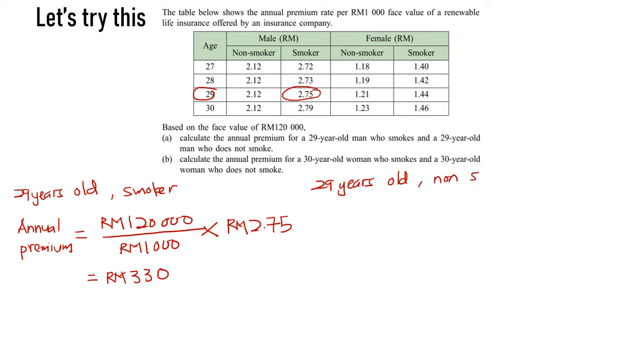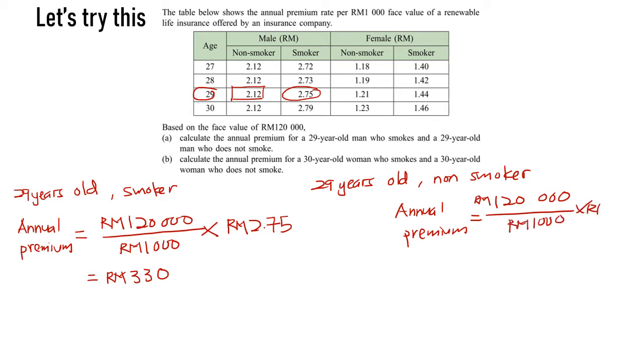Well, for another man who is also 29 years old, non-smoker. So 29 years old, non-smoker, this is the rate. So the rate is 2 ringgit and 12 cent. So the annual premium is equal to 120,000 over 1,000 multiply with 2 ringgit and 12 cent.